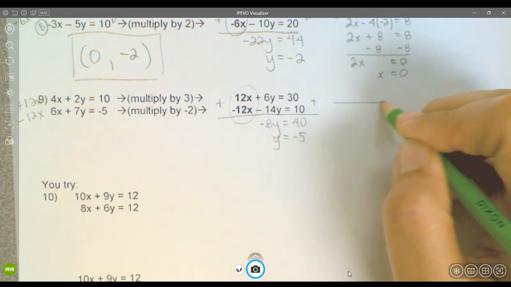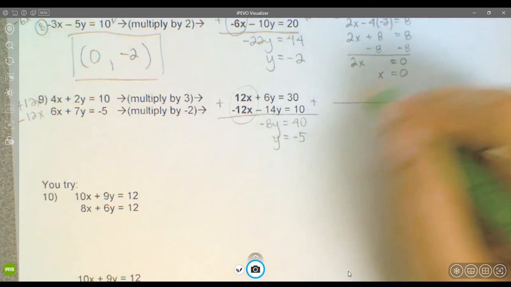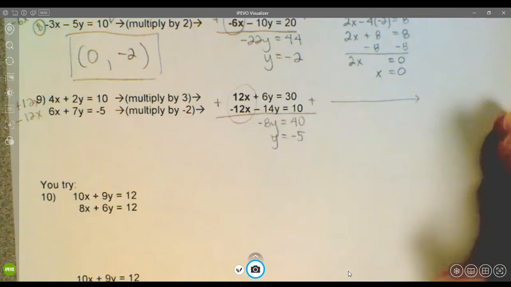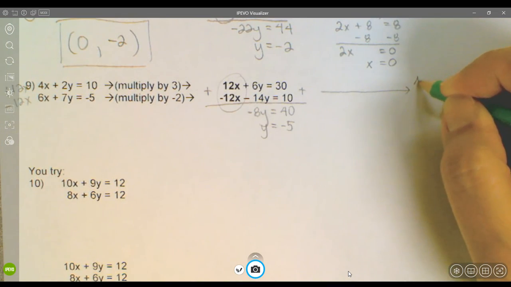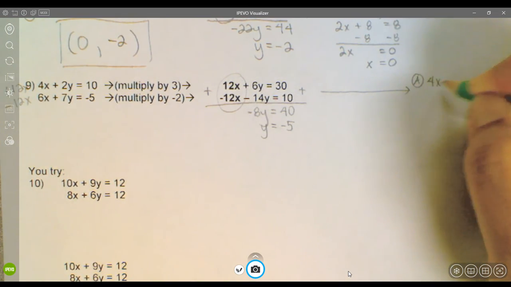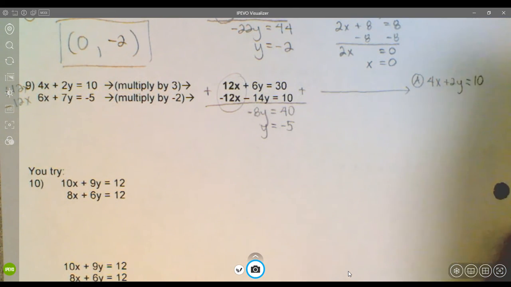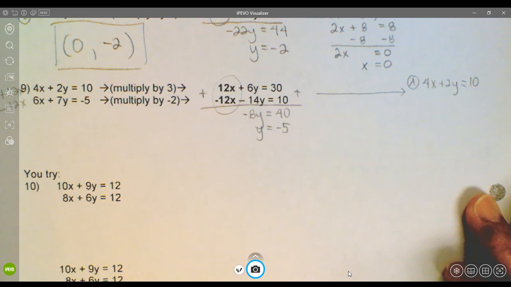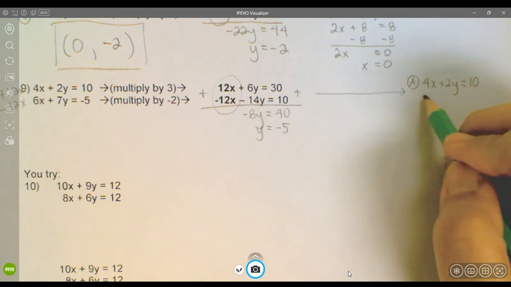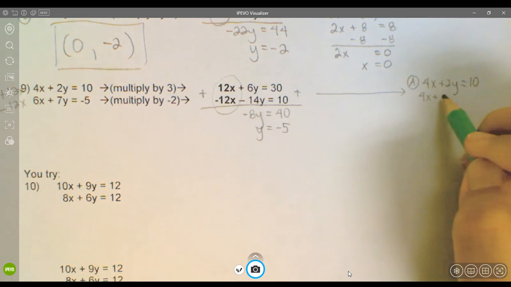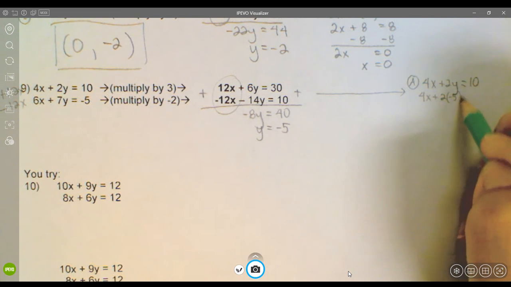And y'all, I'm actually going to scoot this over because I don't want to run into that down there or that up there. So equation A, 4x plus 2y equals 10. And now I know that y equals negative 5.